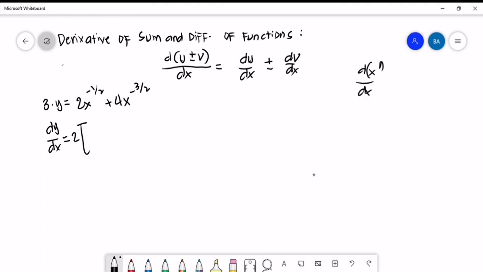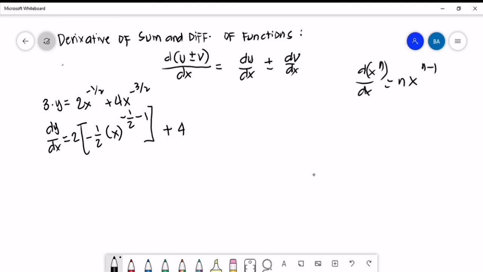This is automatically n times x raised to n minus 1. So let's move out the 2, and then bring down the exponent, negative 1 half, times x raised to negative 1 half minus 1. Then we are going to use the same method. For the next term, let's separate the 4.